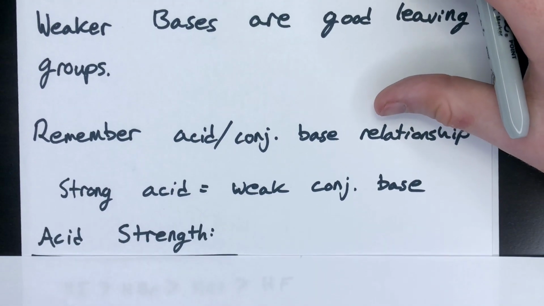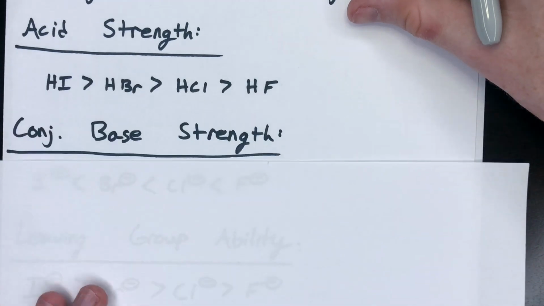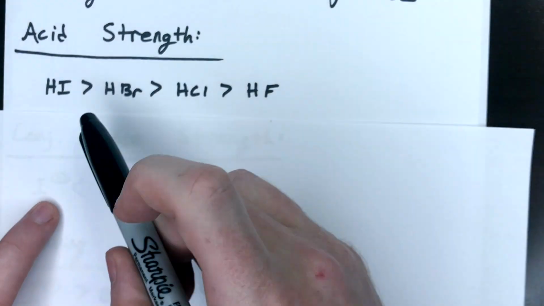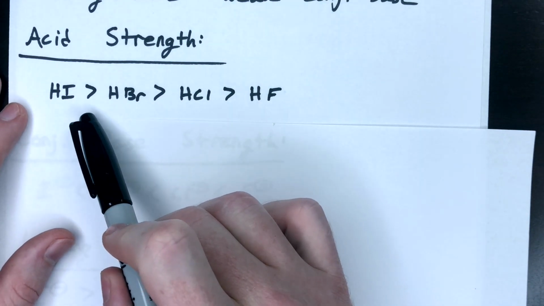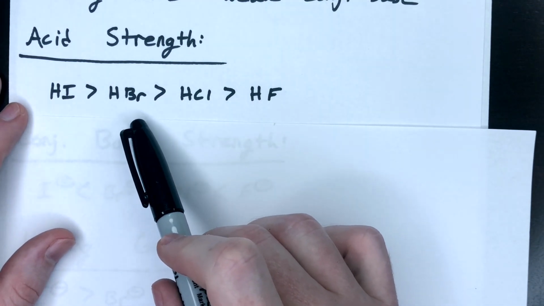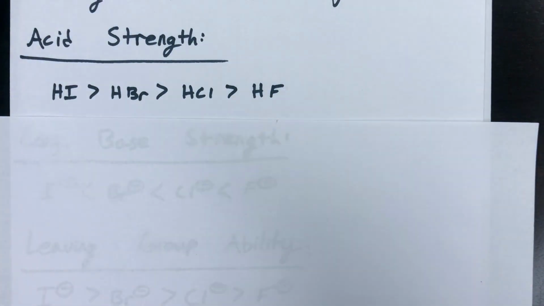So using that, let's look at the acid strength of the halide series. Here we have HI, hydroiodic acid. This is a stronger acid than HBr, hydrobromic acid, which is stronger still than HCl, and hydrofluoric acid, HF.